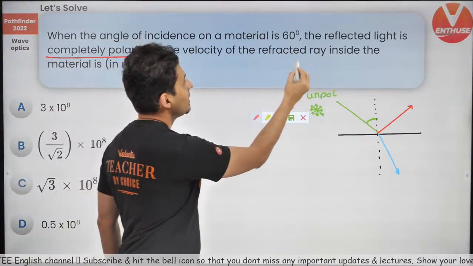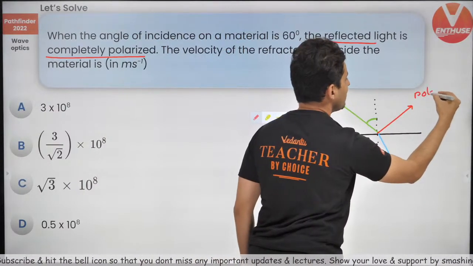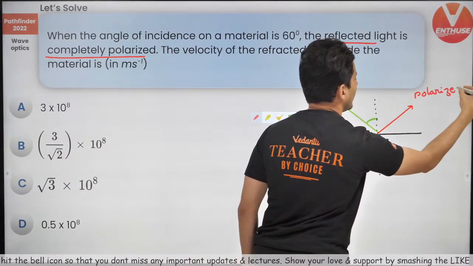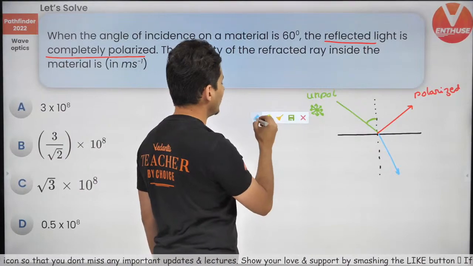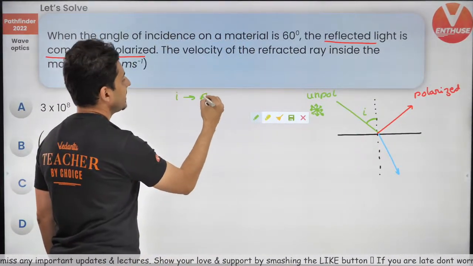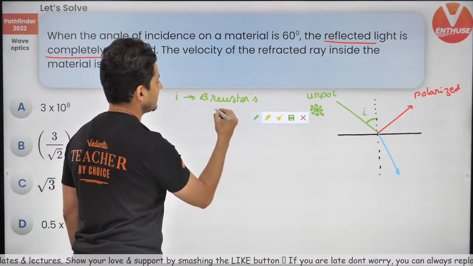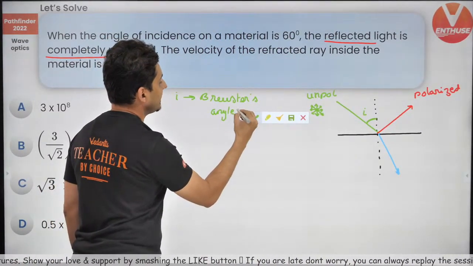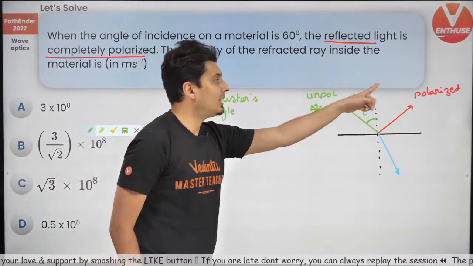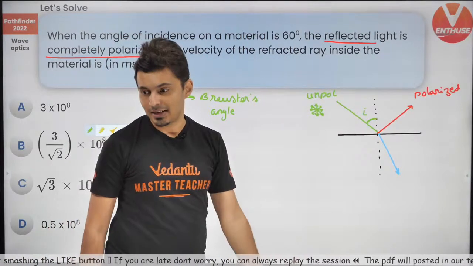So if this is completely polarized, it just means one thing. This angle over here is nothing but the Brewster's angle, which I just told you. Only at Brewster's angle is the reflected light completely polarized.